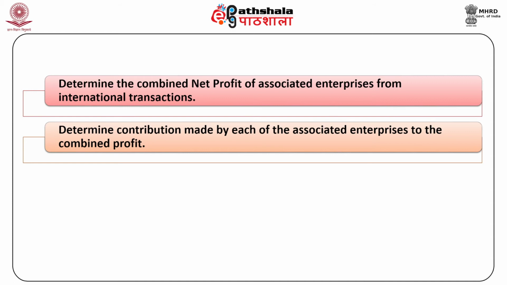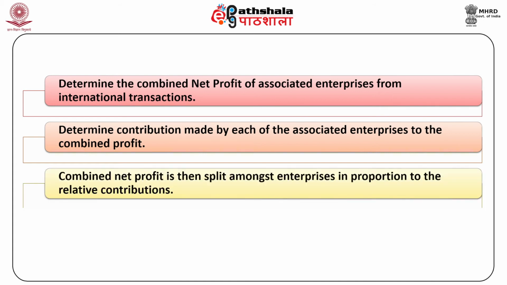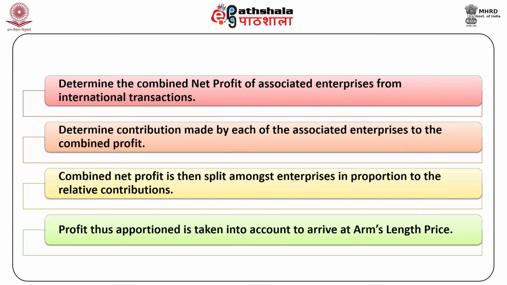That is, contribution on the basis of functions performed, assets employed, risk undertaken, and on the basis of data, how such contribution will be evaluated by unrelated enterprises. The third, the combined net profit is then split among the enterprises in proportion to the relative contributions. The fourth, the profit thus apportioned is taken into account to arrive at the arm's length price.